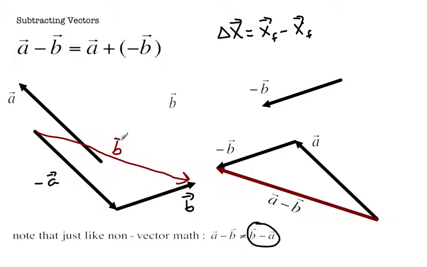This is B minus A. Now you'll probably notice here B minus A and A minus B are actually the same length, but they point in opposite directions. A minus B is pointing up and to the left here. B minus A is pointing down and to the right.